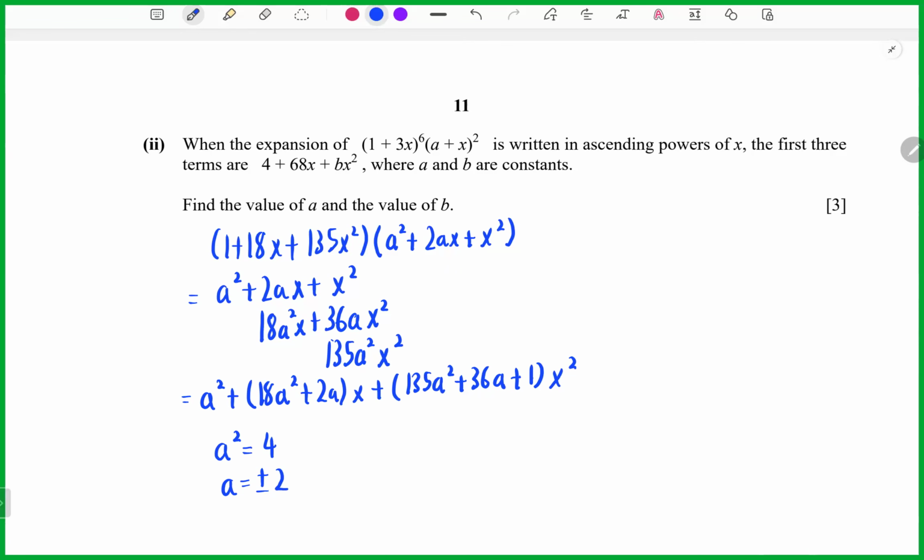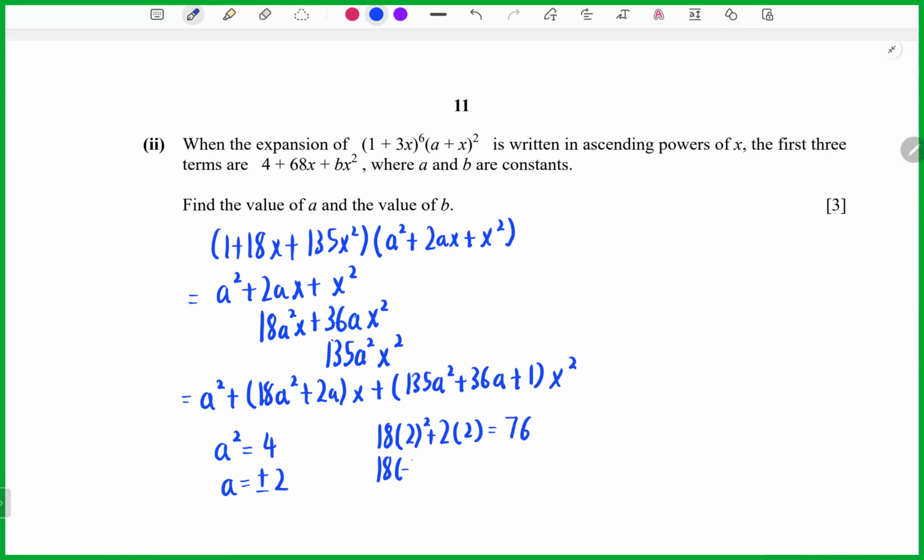Okay, so we have two values, so we need to select which value we can use. Let's see, if I take positive 2, 18 times 2 plus 2 here is also plus 2, you will get 76.